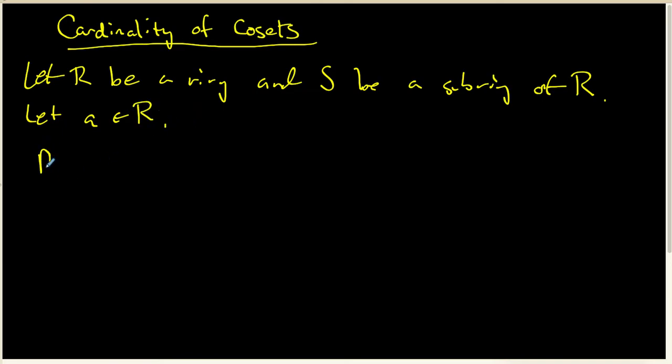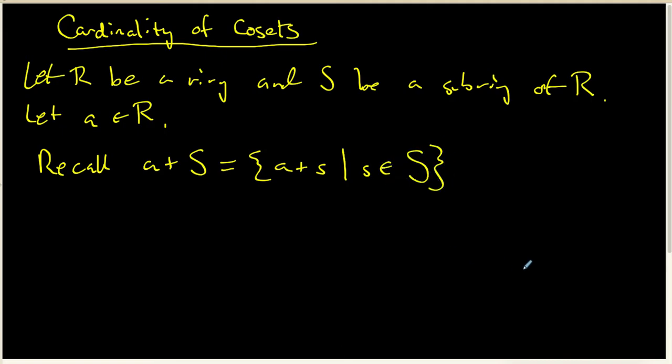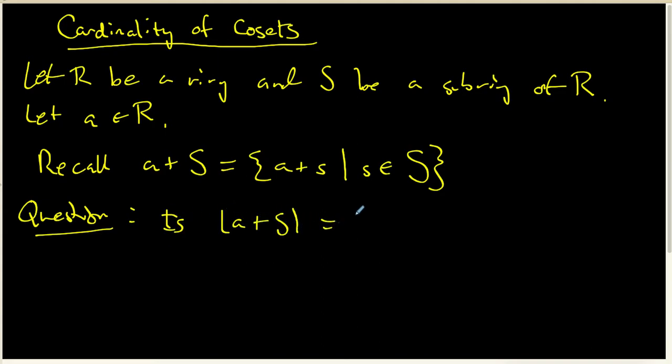And I want to recall that the left coset of S, defined by R, is going to be A plus S, and that's simply the set of A plus little s's, where little s ranges through all of the elements of capital S. And there's an obvious question, and that is: is the cardinality of the coset the same as the cardinality of the subring itself?